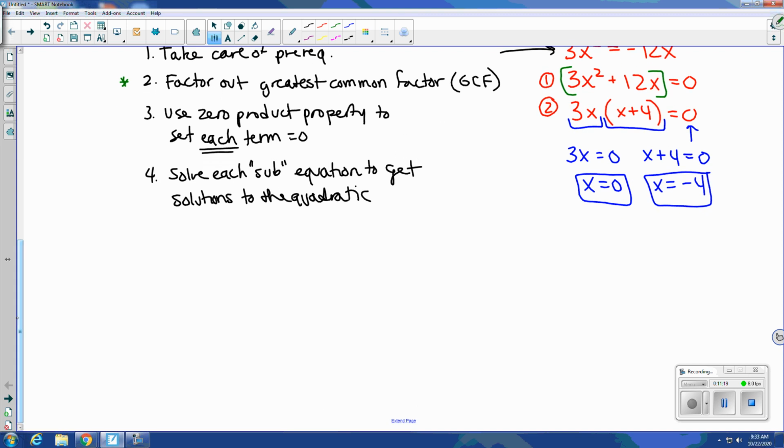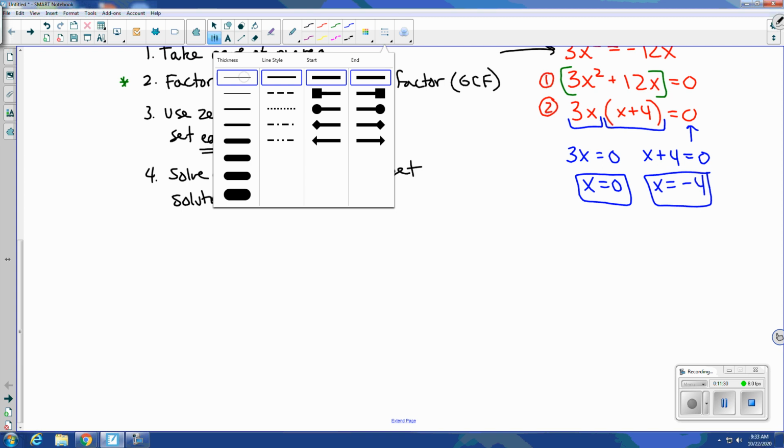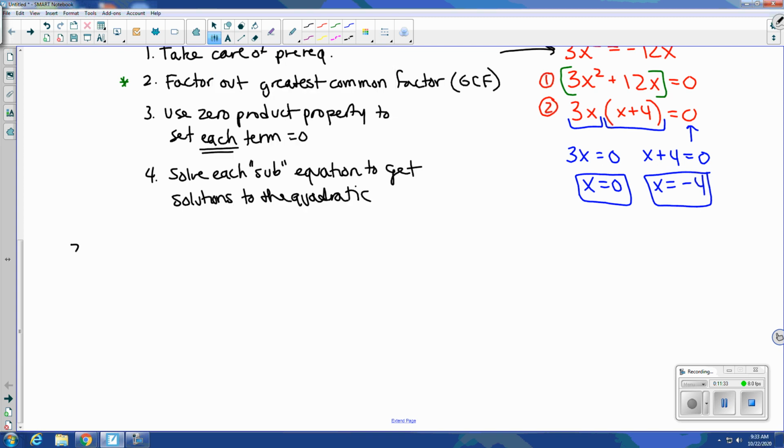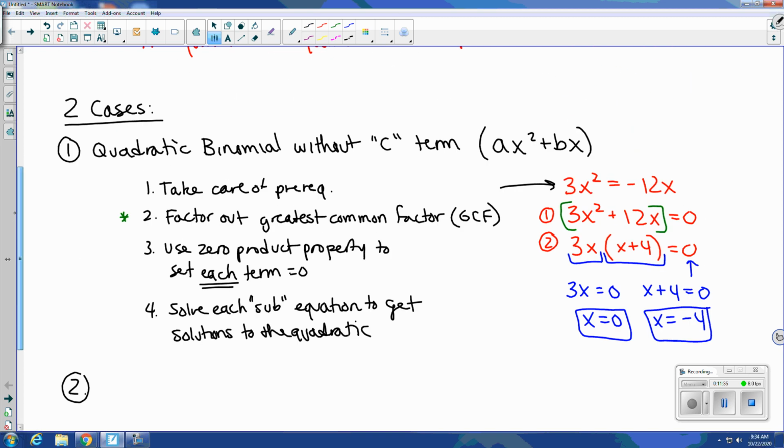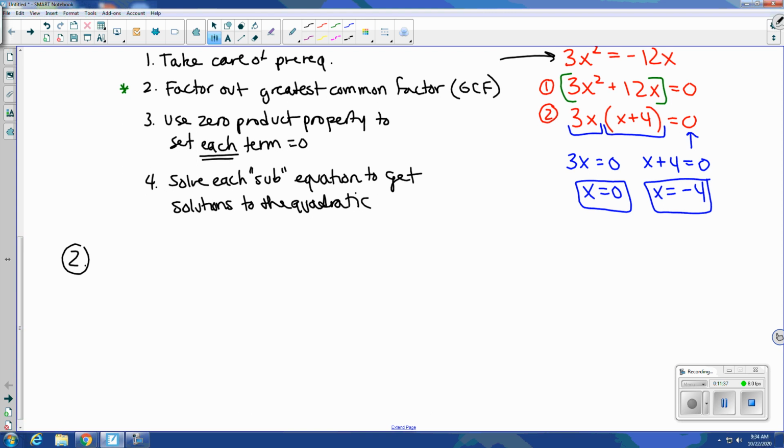So case 2, this one is a little more involved. Case 2 is if you have a quadratic with a c term.